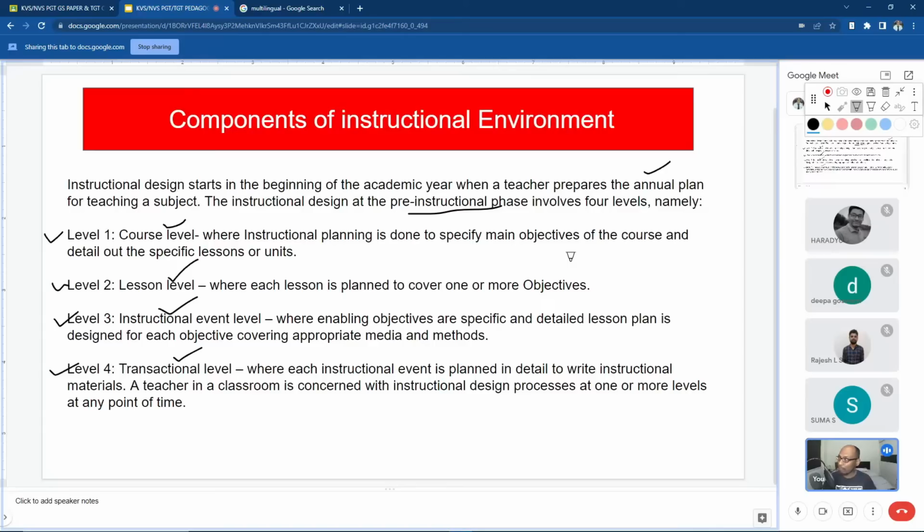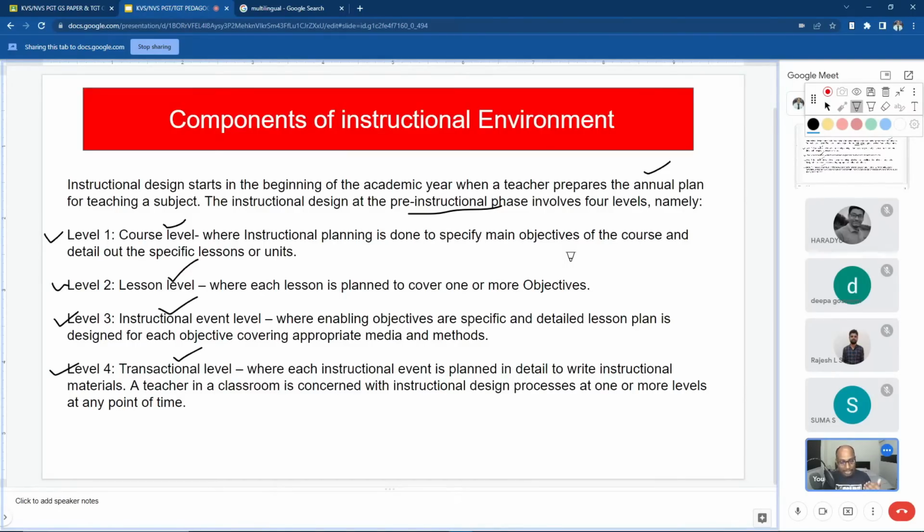For example, lesson 1, A Portrait of a Lady, is the first lesson in the class 11 textbook. It has a particular objective: to make the students learn story writing. The students will get influenced by the writing style the way Khushwant Singh wrote that story, so they should learn story writing.